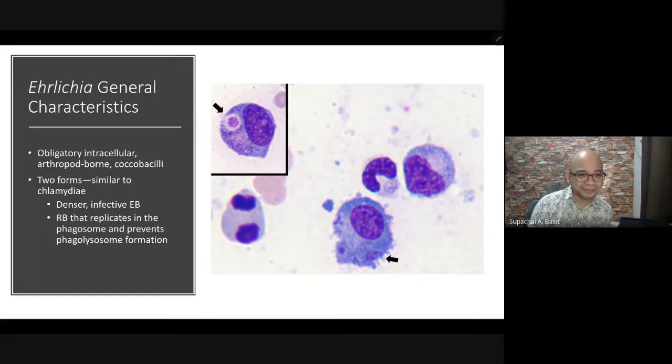There are two forms, and they are similar to chlamydia, which has reticulate and elementary bodies. Rickettsia also has denser infective elementary bodies and reticulate bodies that replicate in the phagosome and prevent phagolysosomal function. So it is the same as chlamydia.